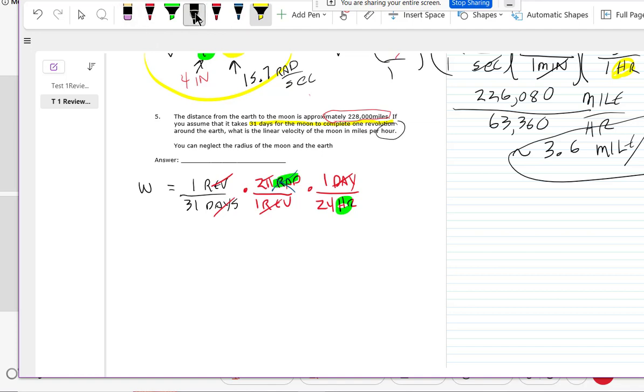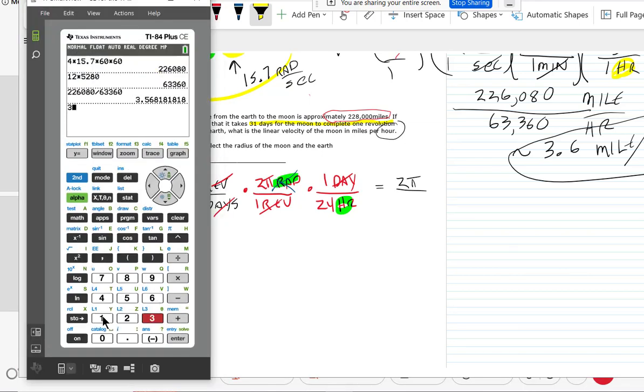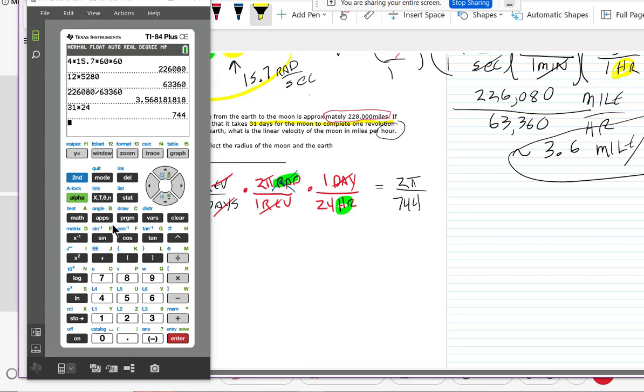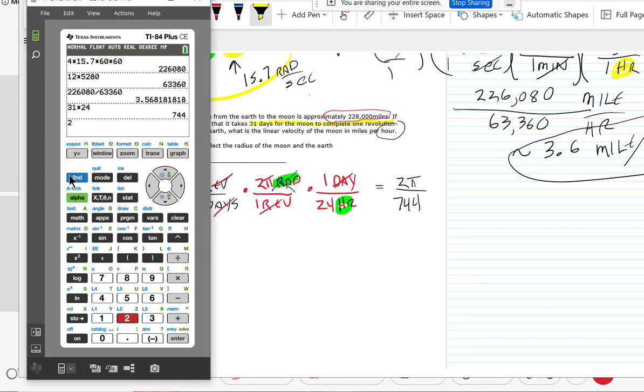So if I go through and multiply straight across, I'm going to get 2 pi over whatever 31 times 24 is, which is 744. And then I'll round it off to a few decimals.